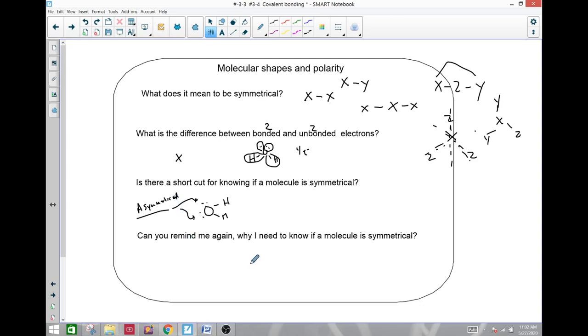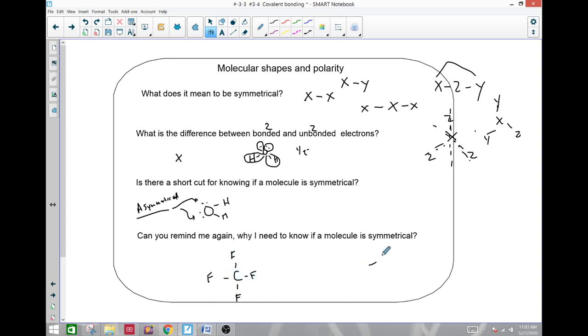The reason it's important to know if it's symmetrical is that if it's symmetrical, there's a possibility that, let's say, carbon tetrafluoride, where we typically have a stealer, is completely balanced, and then its dipole moment is 0.